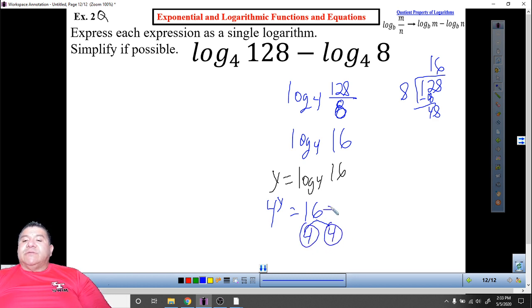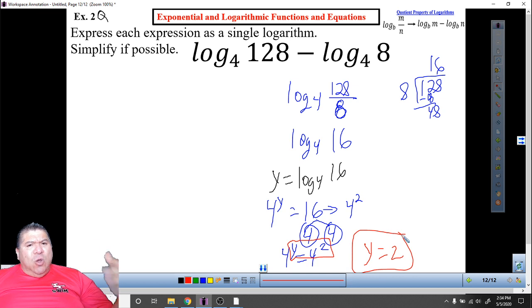Okay, so what's another way of writing this? 4 squared, so we end up with 4 to the y equals 4 squared. That means y equals 2. Woo, let's go. How are we doing? Good?